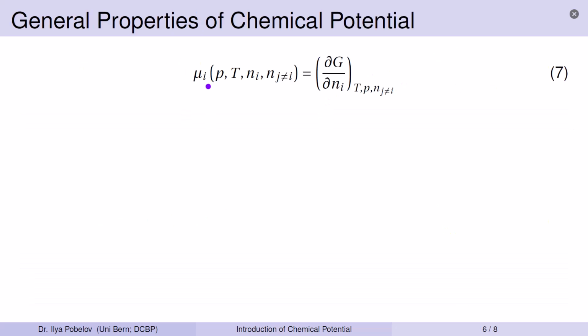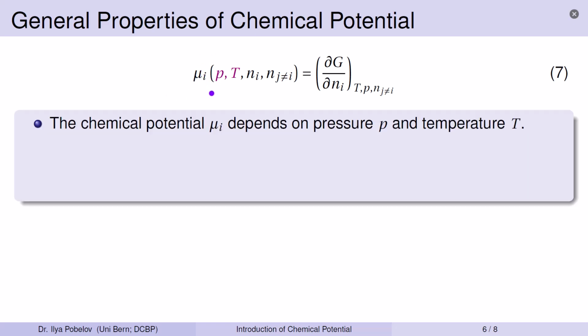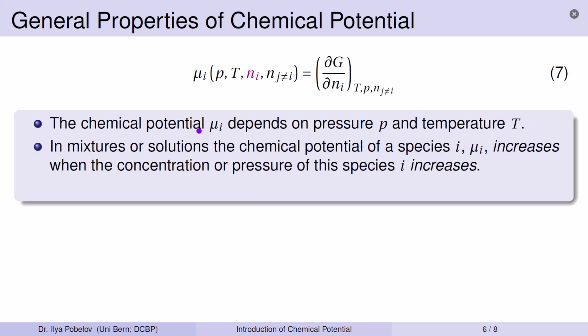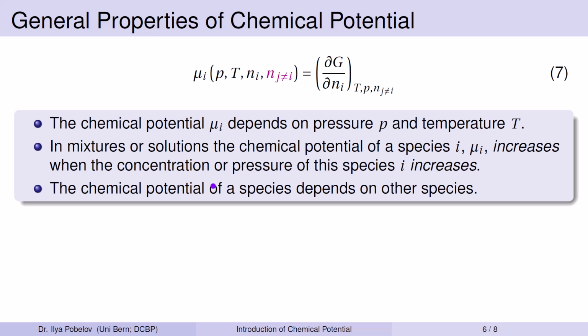In general, the chemical potential of a species i, mu_i, depends on pressure and temperature. In mixtures or solutions, the chemical potential of a species i increases when the concentration or pressure of this species increases. Importantly, the chemical potential of a species in a mixture generally depends on the amount of other species.